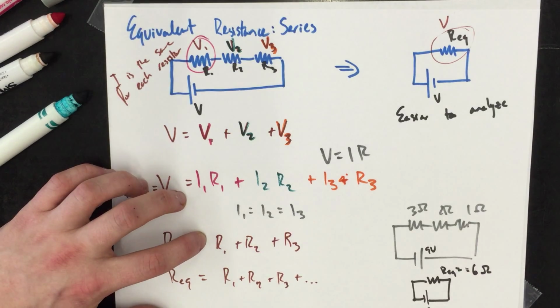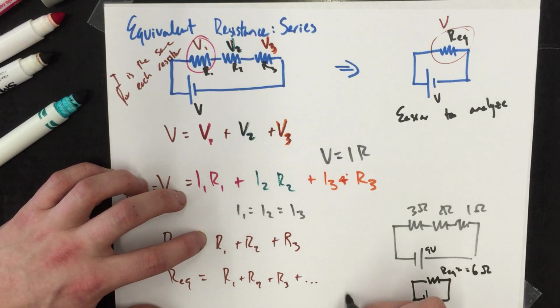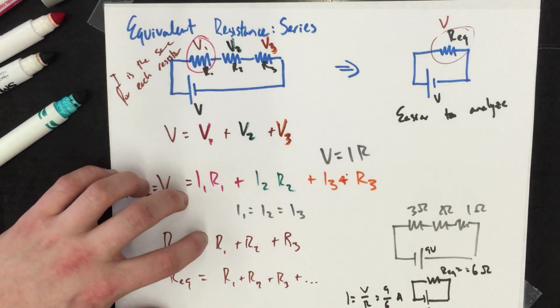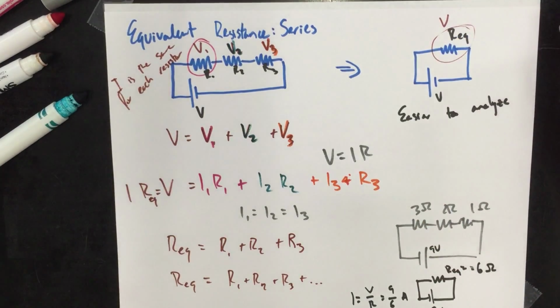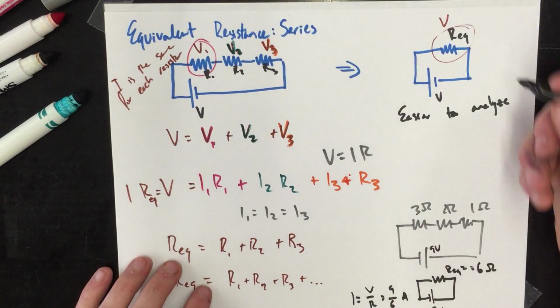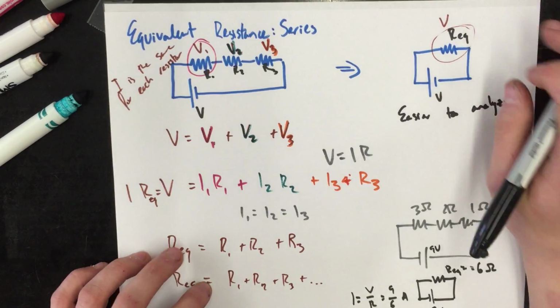I still have my 9-volt battery, but now I could figure out the current running through this circuit, which is V over R, which is 9 over 6 amps. So that's how we could take a series circuit and turn it into an equivalent, simpler circuit.